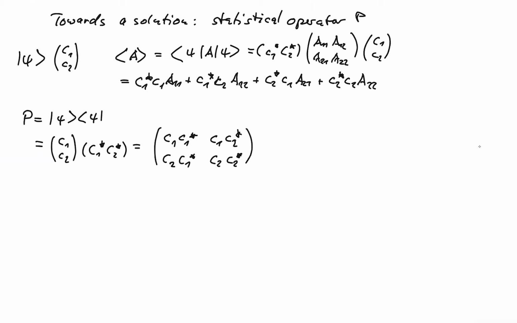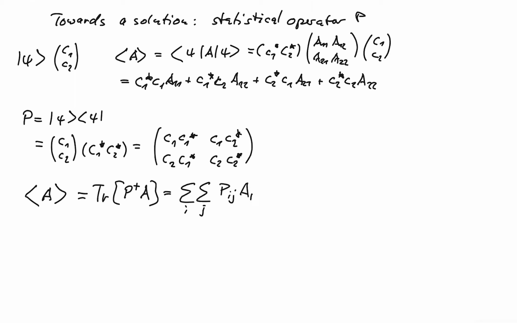And if we now define a different scalar product for the matrices, then we can calculate any expectation value for A as the trace of the statistical operator rho dagger times A. And this is then the sum over i, sum over j of rho ij times A ij.